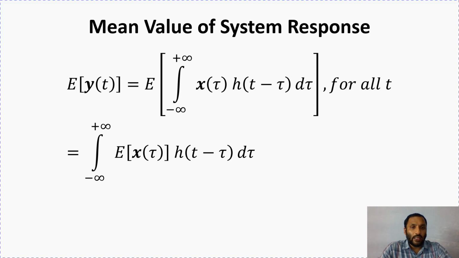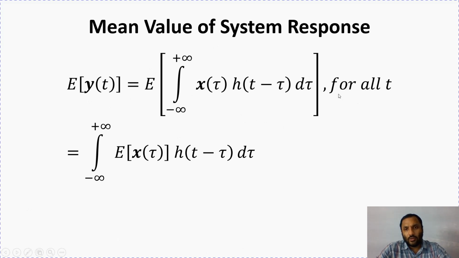That would be the expectation of the integral, where y of t is replaced with x convolved with h of t, that is the integral from minus infinity to plus infinity of x of tau h of t minus tau d tau. So simply, I have replaced y of t with the convolution integral in this expression.